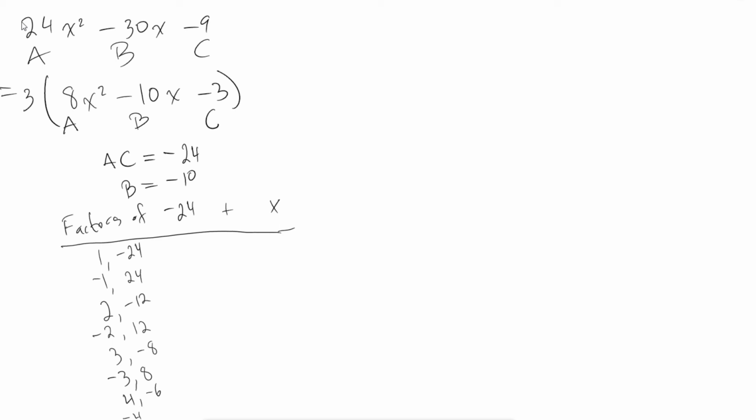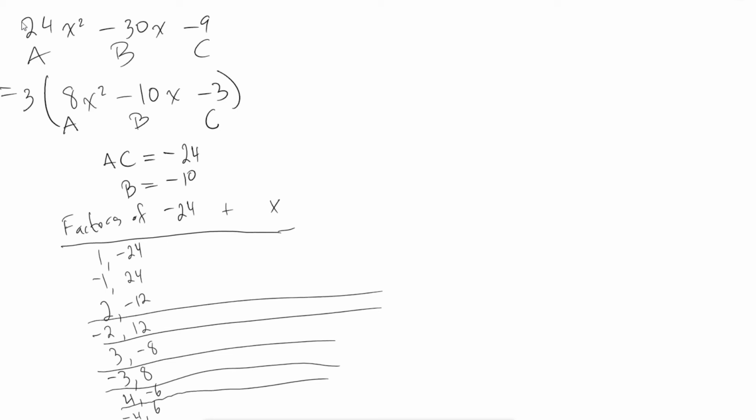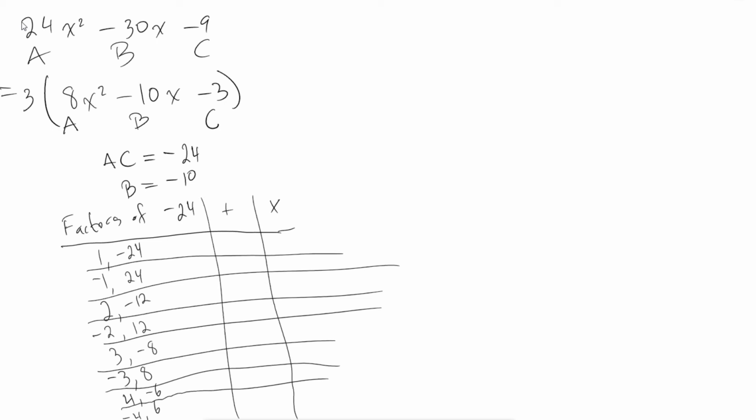Negative 4, positive 6. So barely any room at the bottom there. And these guys, of course, all are going to multiply together to be negative 24. Etc. We are more interested in how they add together.